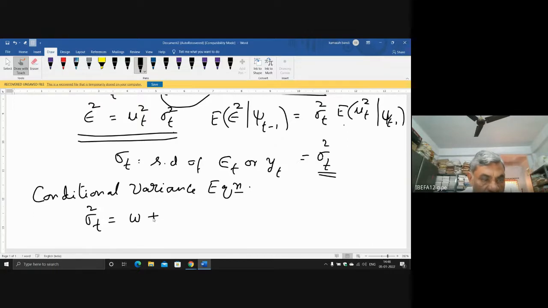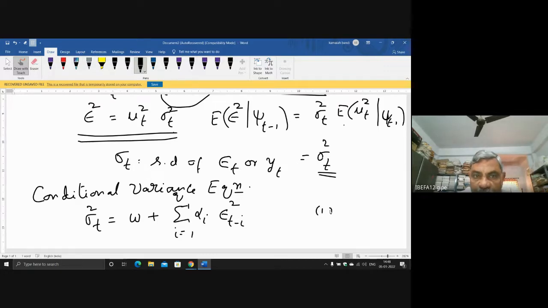Let us say it evolves in this fashion: sigma square t equals omega plus summation i equals 1 to q alpha i epsilon t minus i square. Okay. So let us call this equation 1.